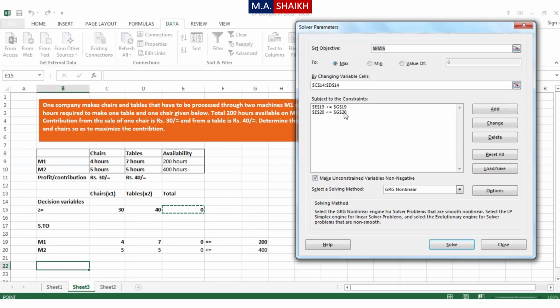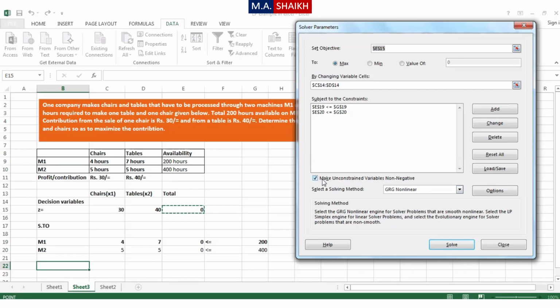So this add-in will solve everything and give us the value of Z and the values of the decision variables. In this way you will get the optimal solution, how many tables and chairs to make in order to maximize the profit, right?